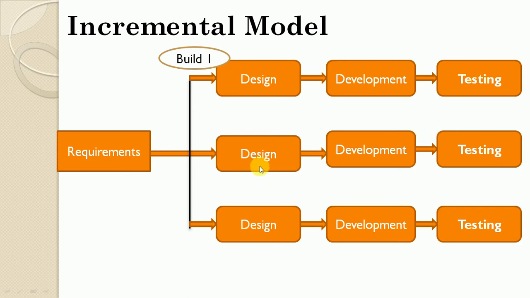So at build number 2, you will get complete software having all the build number 1 features plus build number 2 features, because every subsequent release adds new features to the previous functionality. We continue the process of testing until the whole software is achieved.